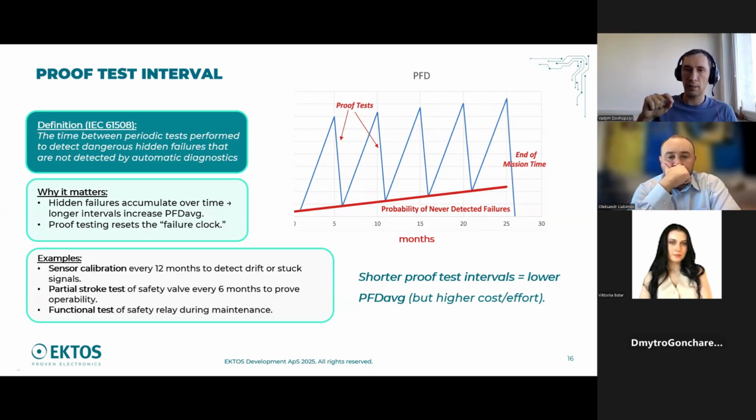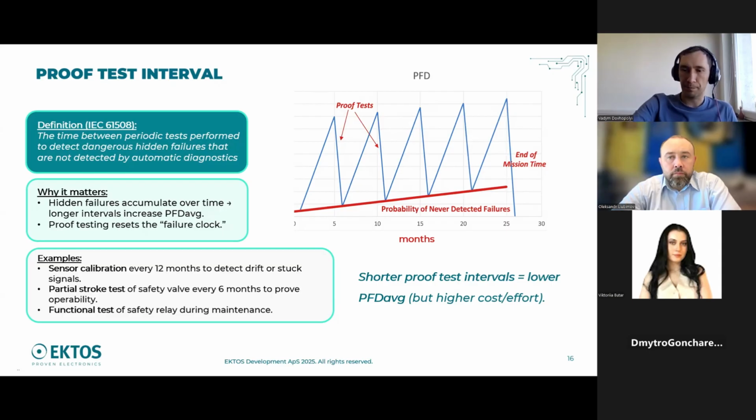At some point the total probability of failure will rise, and at some period of time you have to perform end of mission of your equipment and replace it with something new. So this is the idea of proof test.